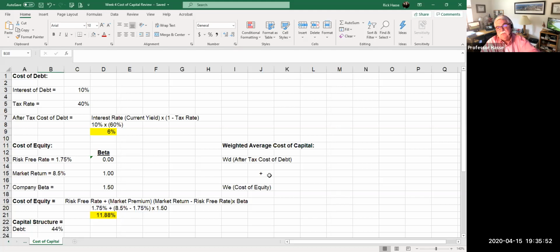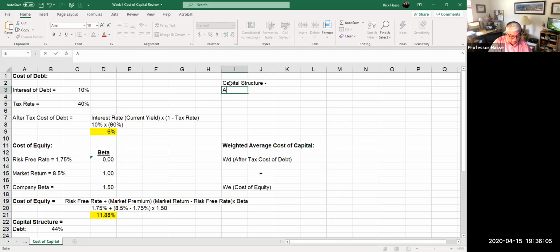So first of all, remember, as I said earlier, the capital structure of a company, let me type that out again. The capital structure of a company is assets equals liabilities plus equity.